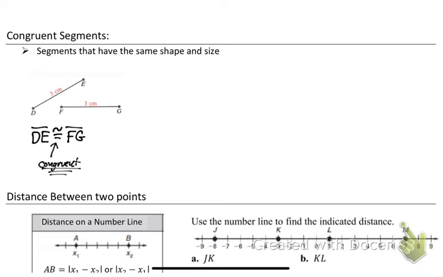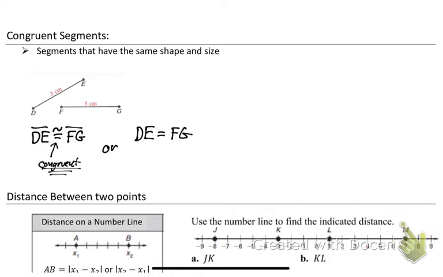Now that you got that, I'm going to confuse you a little bit. There's another way to describe these two. I'm going to put DE equals FG. I want you to look at both ways to write that, and I want you to think about why one needs a congruent sign and why one needs an equal sign.